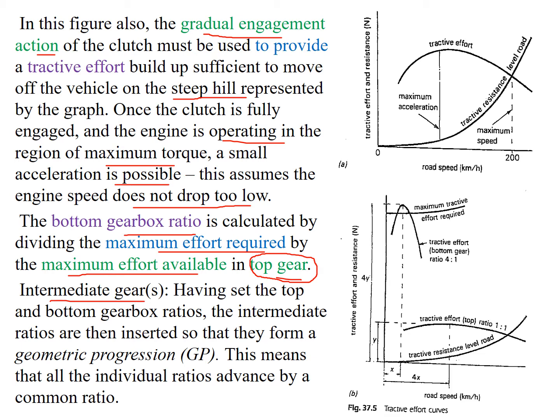For example, the top one is 4, the bottom one is 1, gear 1, and the intermediate gears will be the second gear and third gear. Having set the top and bottom gear ratios, the intermediate ratios are then inserted so that they form a geometric progression, or GP.